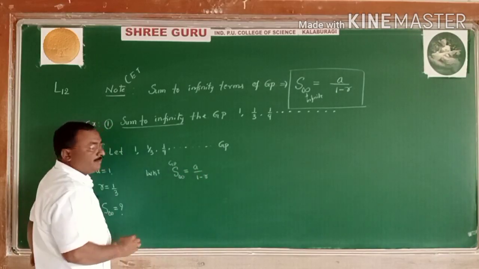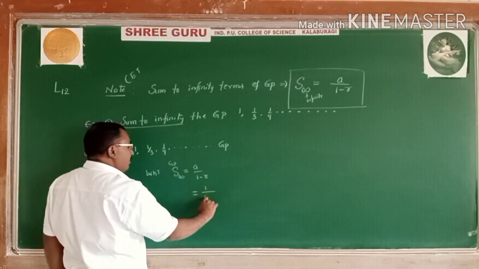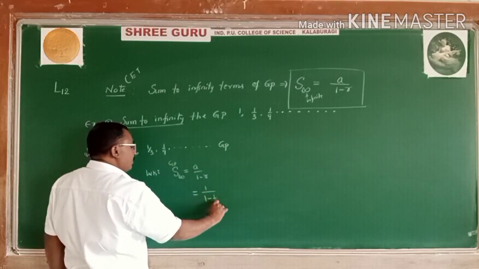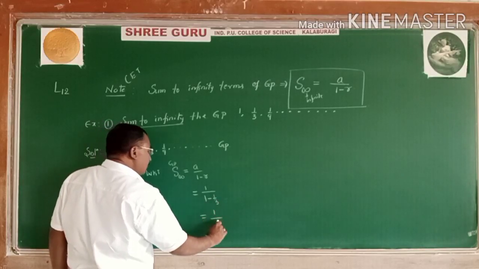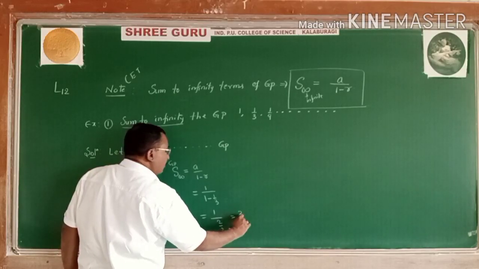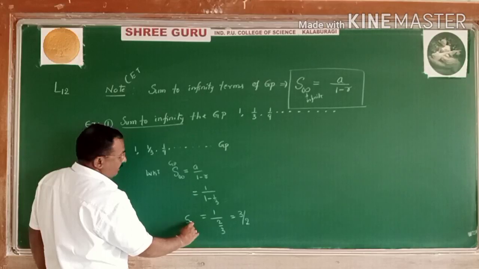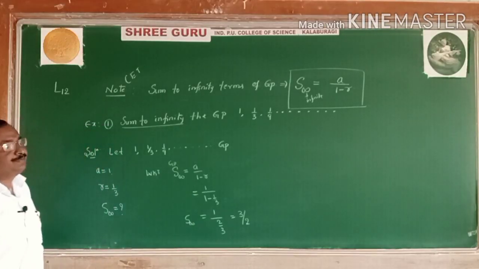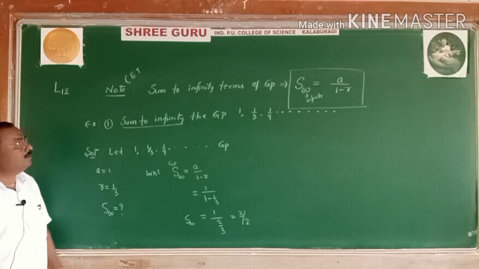This is the formula. a is equal to 1 divided by 1 minus r, where r is 1 by 3, so 1 divided by 1 minus 1 by 3, which is 2 by 3. Taking the reciprocal in the numerator, 2 by 3 becomes 3 by 2. This is the S infinity value. Any doubt?